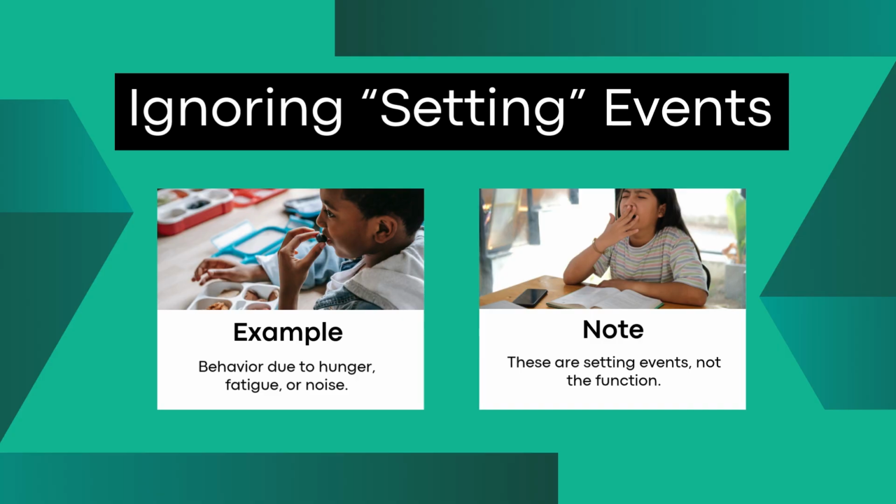These are known as setting events, factors that set the stage for behavior but don't explain why it actually happens. So to get the actual function, we still need to observe what happens before and after the behavior to be informed. So remember, setting events matter, but they're not the same as function.